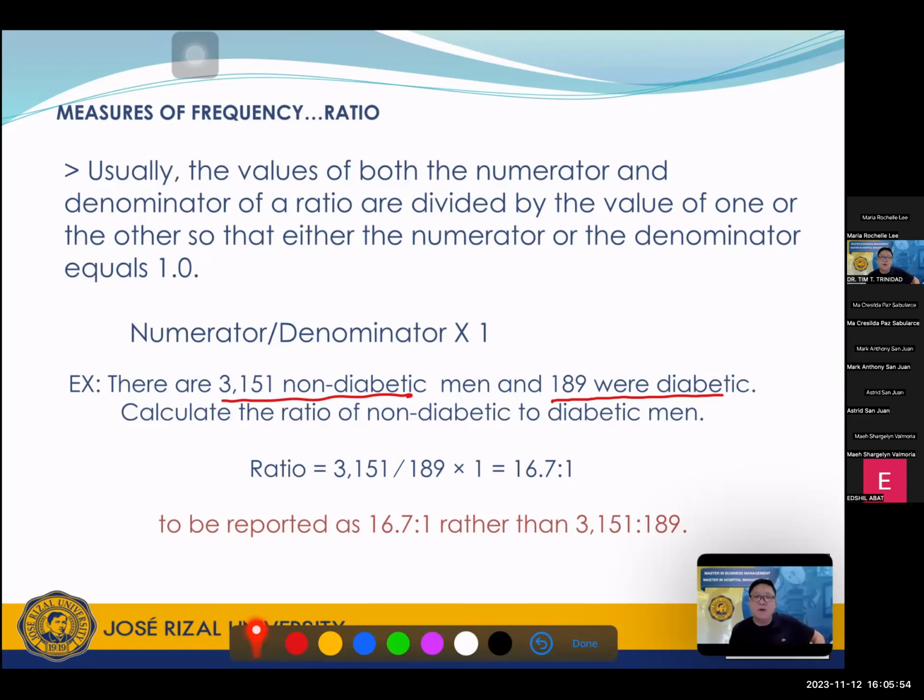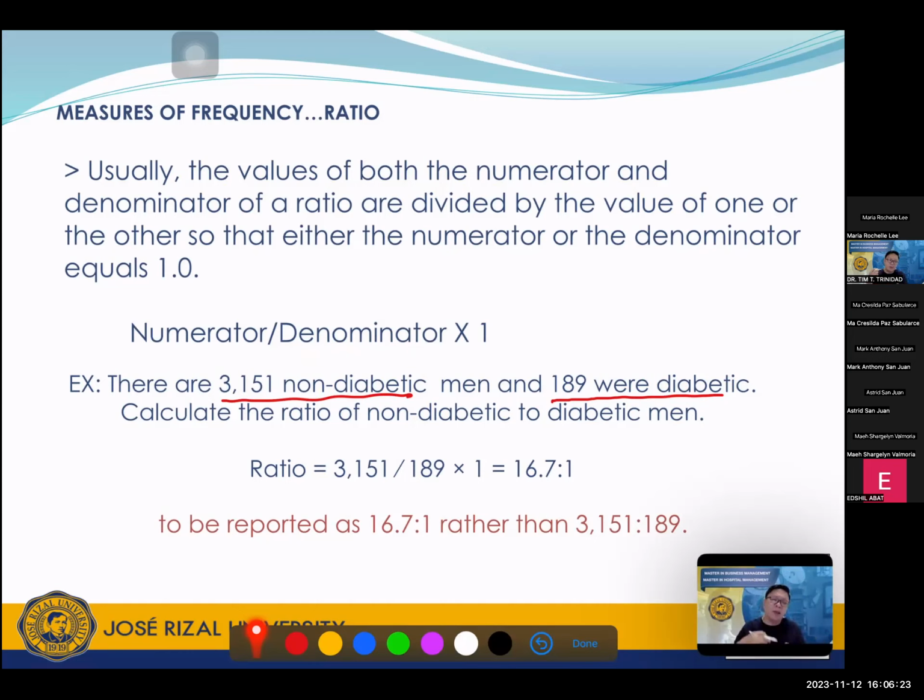Okay, but if you were going to summarize this into a ratio or more interpretable form, you just give me the ratio. So say there are 16.7 non-diabetic for every diabetic. So mas mabilis mo na siyang maintindihan. So you have given the description of your quite complicated data in a simpler one.